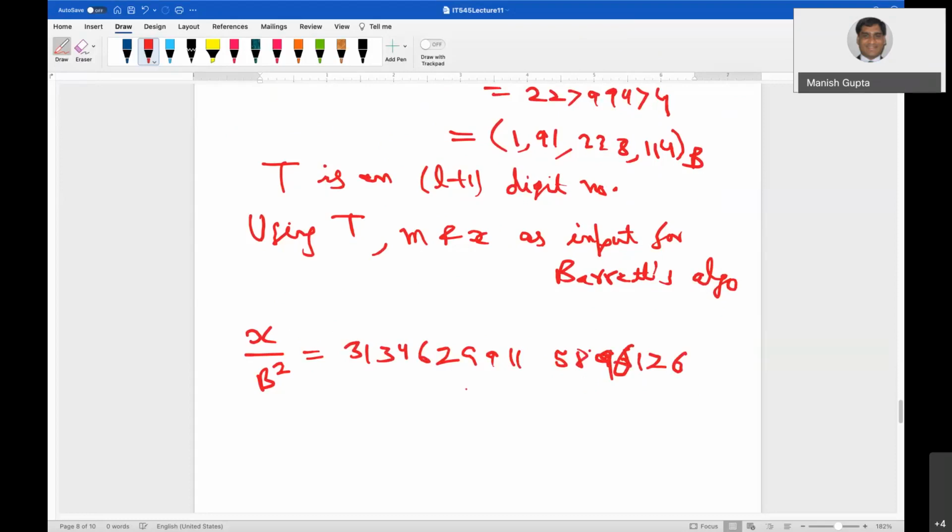Again, I'm saying that you need to verify these things using PariGP. This is 81, 242, 215, 151 at base B. We discard two least significant digits of x here because we need to take the greatest integer.